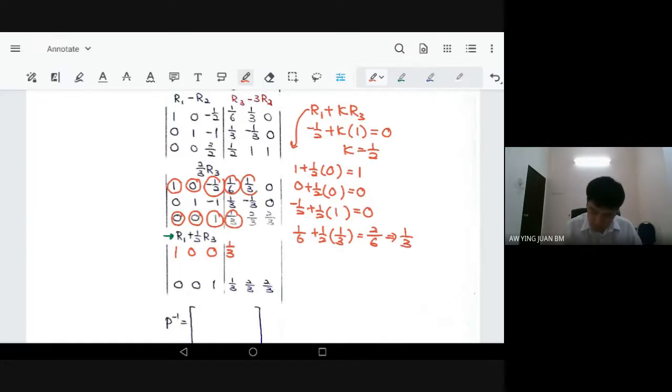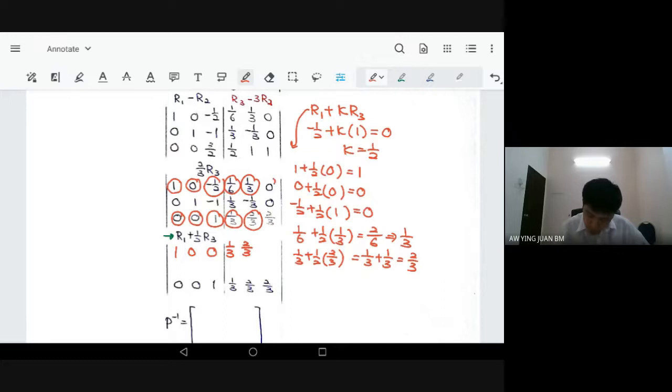Continue. 1 over 3 plus 1 over 2 multiply with 2 over 3. So we will obtain 1 over 3. So here we will have 1 over 3 plus 1 over 3, which is 2 over 3.